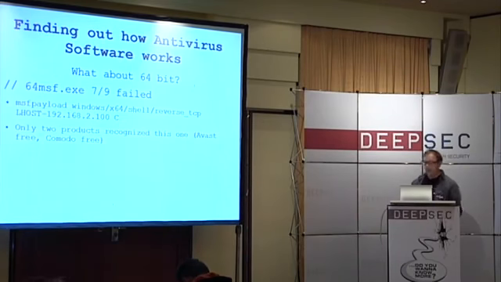There's no encryption in it, there's no sandbox evasion in it, and only 2 products recognized this one. One was Avast Free, and the other one was Comodo Free. And many enterprise products I've tested failed with this one. I was really wondering about that, because this is simple pattern recognition, and it's been well known for years.